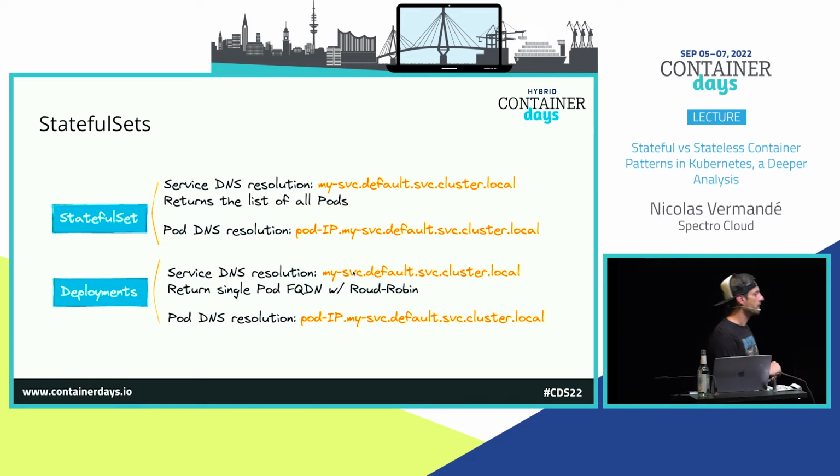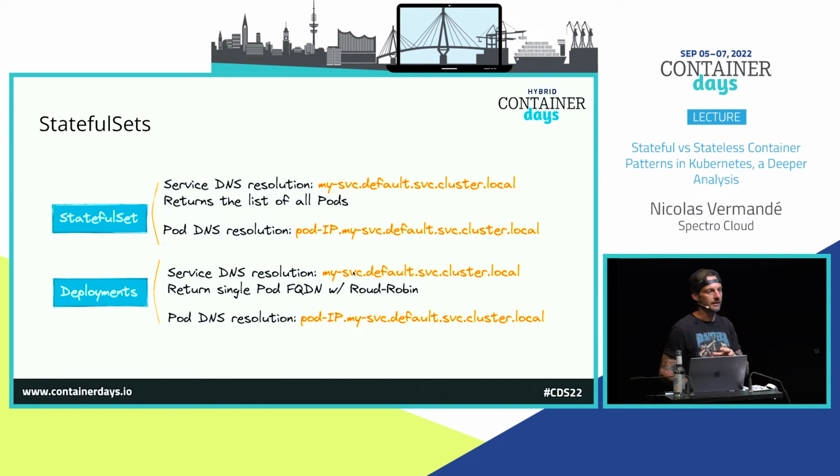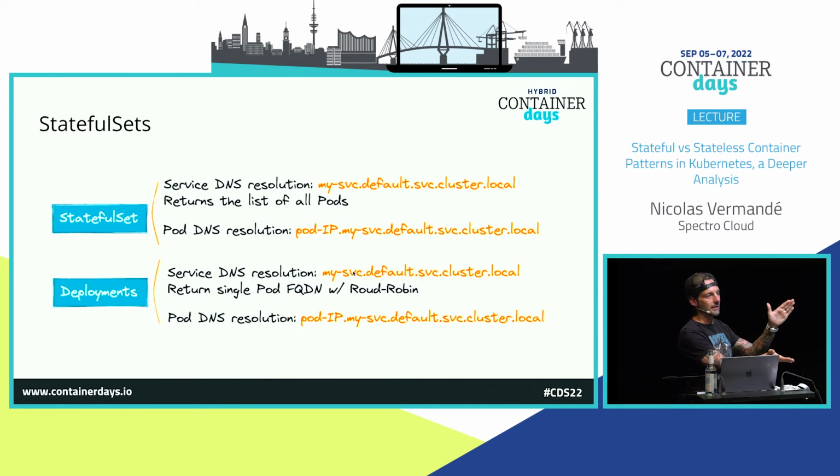So I was talking about the name resolution. Here is an example comparing StatefulSet and deployment. StatefulSets don't have any cluster IP associated, so you cannot access the service like that, right? When you query the service, it will return the list of all the IPs.